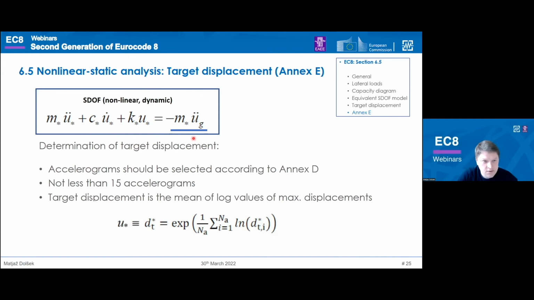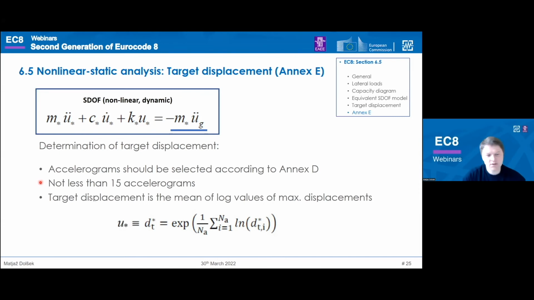Then, of course, the complexity is the definition of the ground motion, so the acceleration response spectrum cannot be used anymore, but we have to select ground motions. It is prescribed that ground motions should be selected according to Annex D, briefly introduced by Professor Lebet.